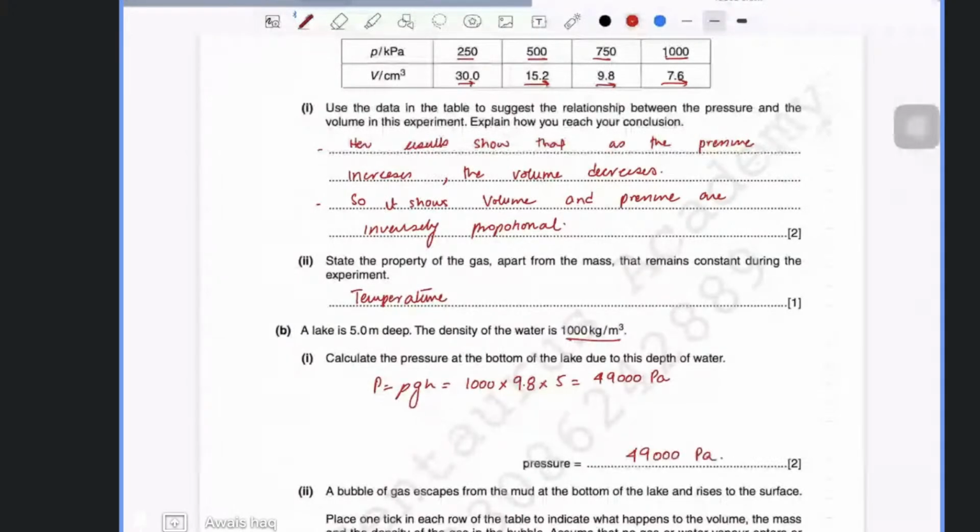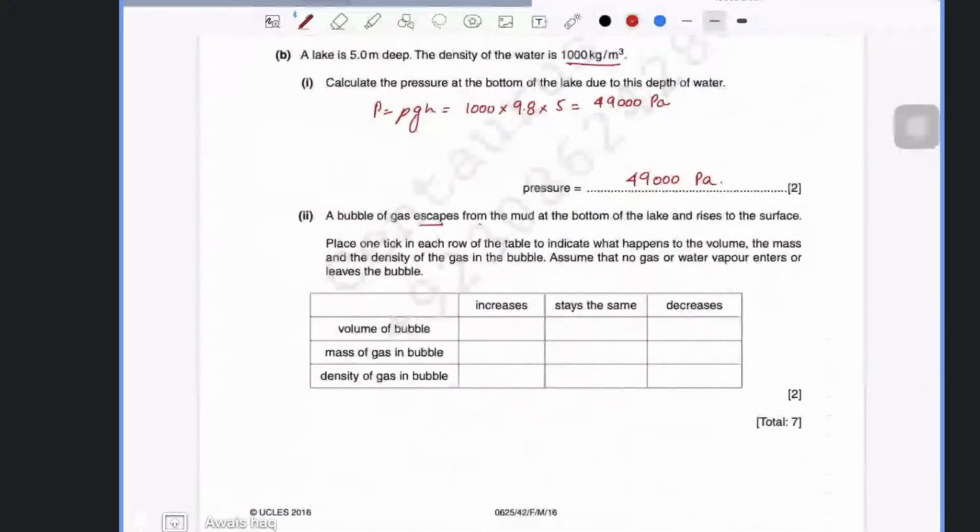Okay. Is it me who's lagging, or is it Iman who's lagging? You guys can hear me, right? Okay. So then it says a bubble of gas escapes from the mud at the bottom of the lake and rises.